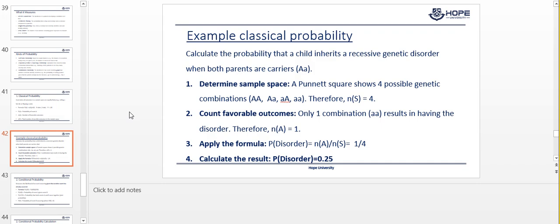Applying the formula, probability of disorder is equal to NA divided by NS, which means 1 divided by 4. After calculating, we have 0.25. So we can say the newborn baby's probability of getting the inherited recessive gene disorder is 0.25.